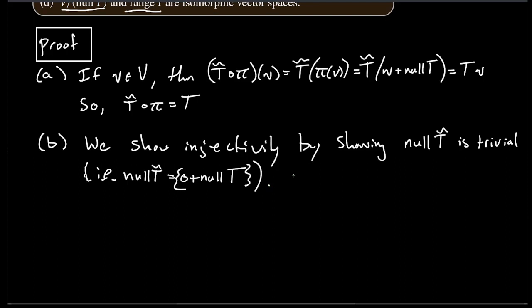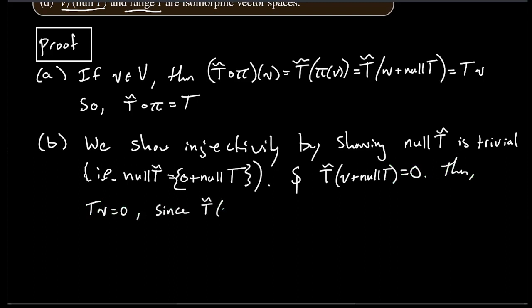So, suppose T tilde of v plus null T is equal to 0. Then, T of v is equal to 0, since T tilde of v plus null T is defined to be T of v.